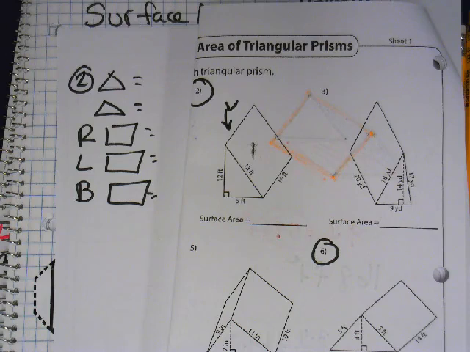So what are the 2 numbers for the left side? What's this number? 12, and then what's the number going back? 19. 12 and 19 are the ones that you need to use for the left side. So write that down. Left side is 12 and 19. And what is it for the bottom?